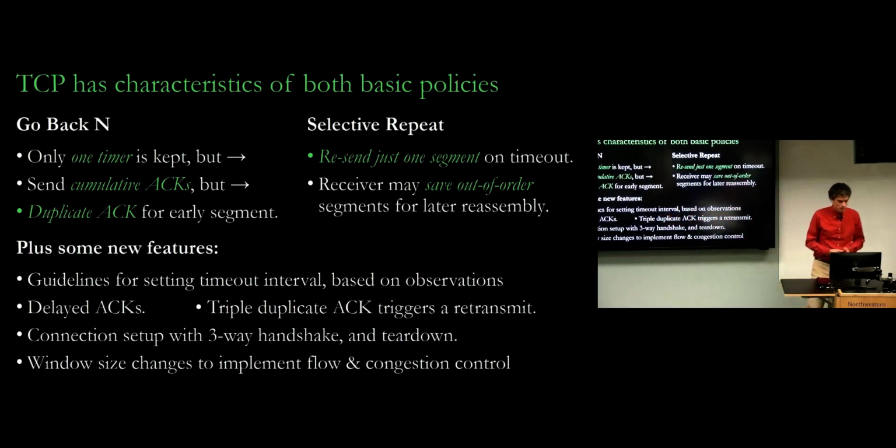That's all new. Delayed acknowledgements, where you wait a little while before sending back an acknowledgement, hoping that the application will have some new data to write back. And then the fast retransmit after the triple duplicate acknowledgements, that's new.